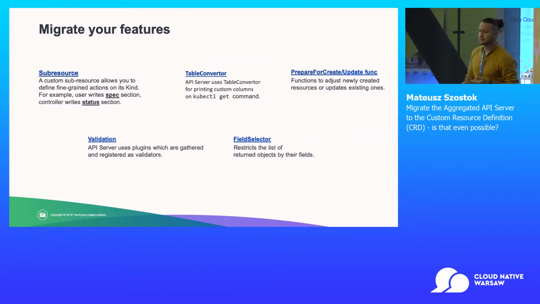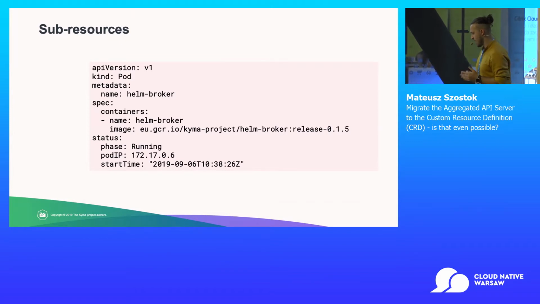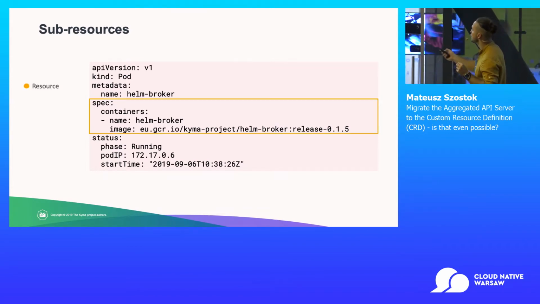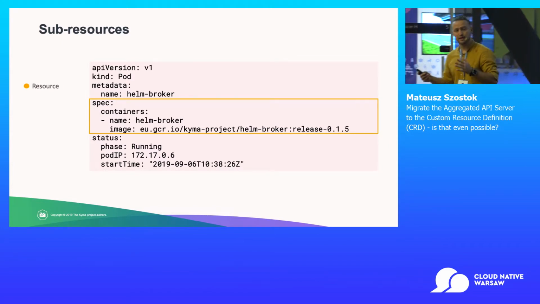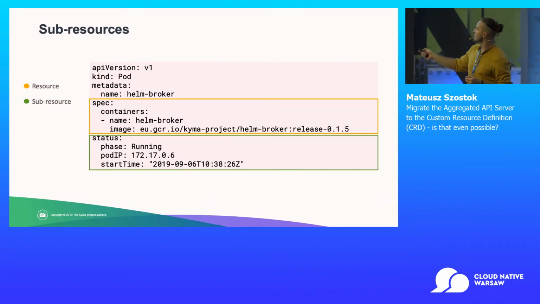First one, sub-resources. Cool feature. Sub-resources allows you to define fine-grained actions on your kind. What I mean by that? User can write spec, controller write status entry. So in our case, status will be a sub-resource.